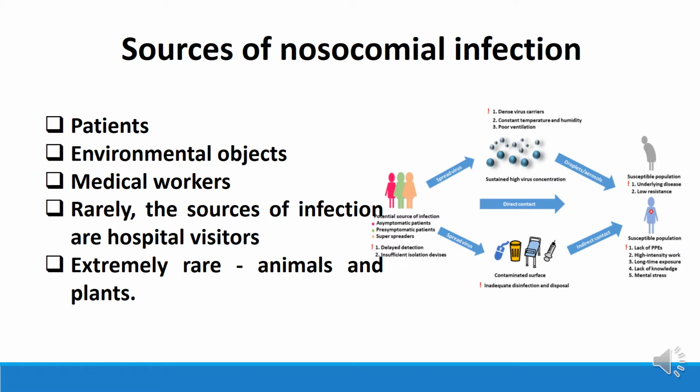Nevertheless, the main sources of nosocomial infections are the patients themselves and the staff of the medical institution. Also, the source of nosocomial infection can be the relatives of patients who visit them or take care of them. In addition, it can be rodents, for example, as examples of animals as a source of infections.